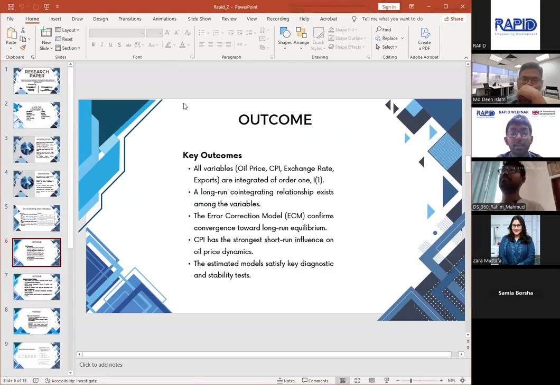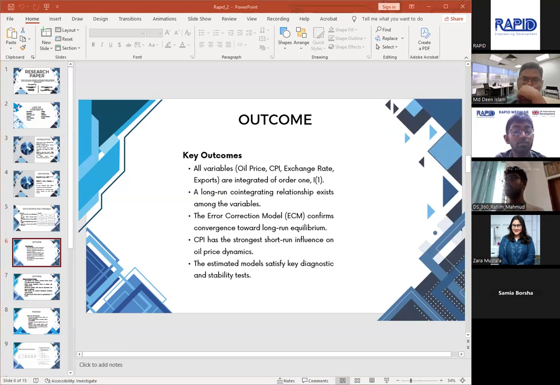Thirdly, we estimate an error correction model, or ECM. This confirms the convergence toward that long-run equilibrium. The error correction term is negative and statistically significant, which is exactly what the theory predicts. It tells us that whenever the system deviates from equilibrium, market forces pull it back over time.